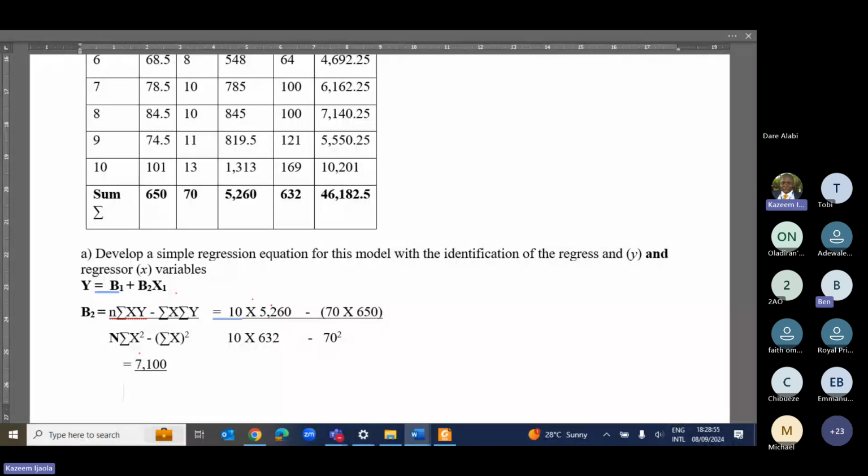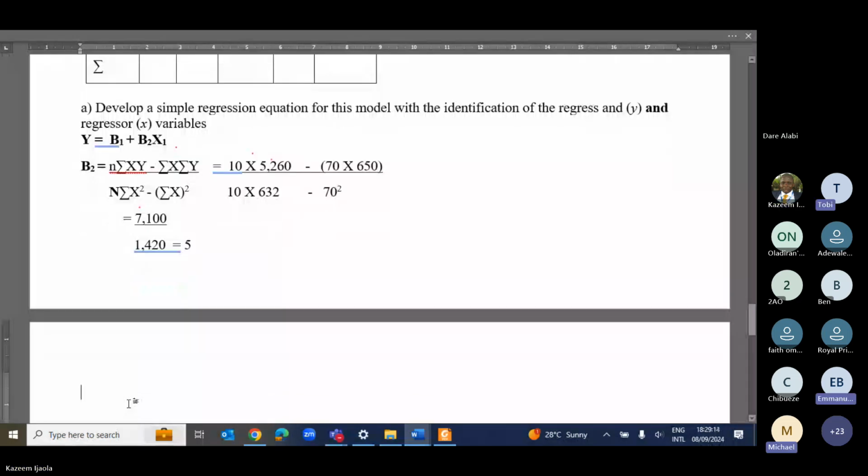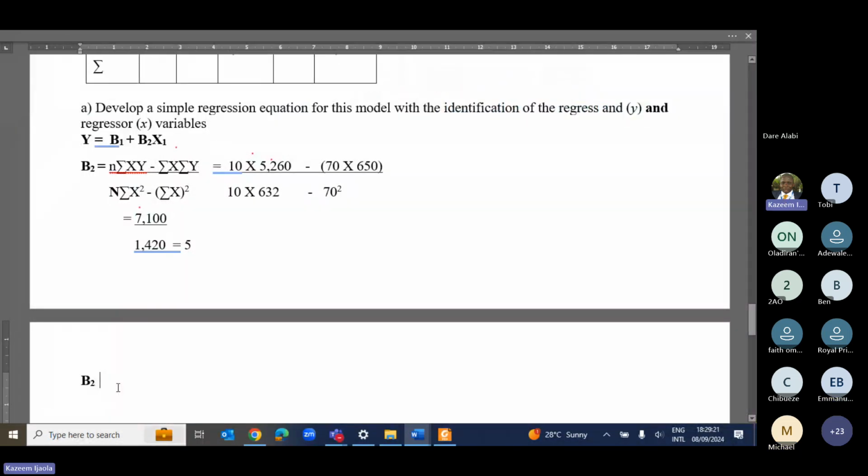So let's calculate our beta 1 now. What's the formula? Beta 1 is y bar, the mean of y, minus beta 2 x bar.